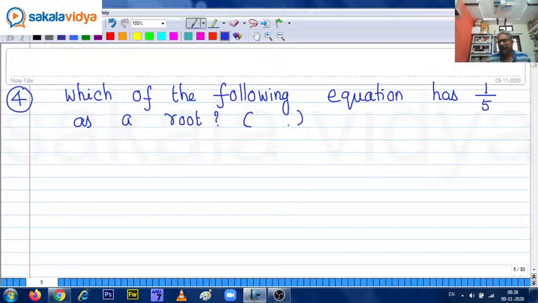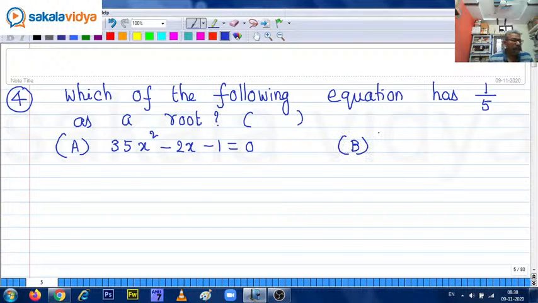This is the question. Option A, 35x square minus 2x minus 1 equals to 0.